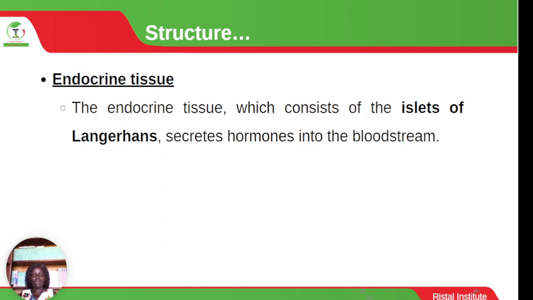And we have the endocrine tissue, which consists of the islets of Langerhans and secretes hormones into the bloodstream. So that is how we differentiate them. The exocrine secretes into the ducts, whereas the endocrine secretes hormones straight into the bloodstream.